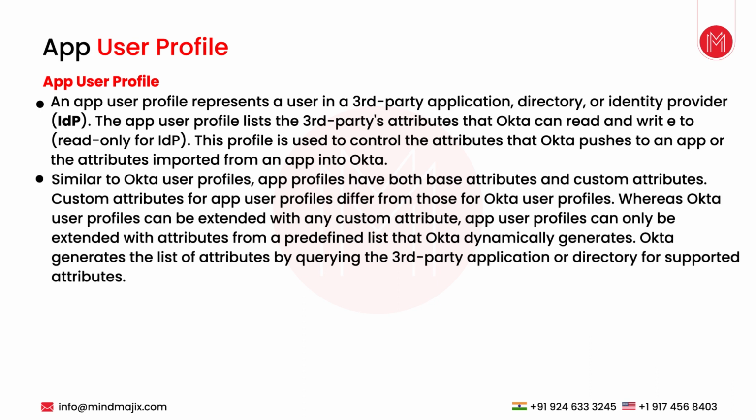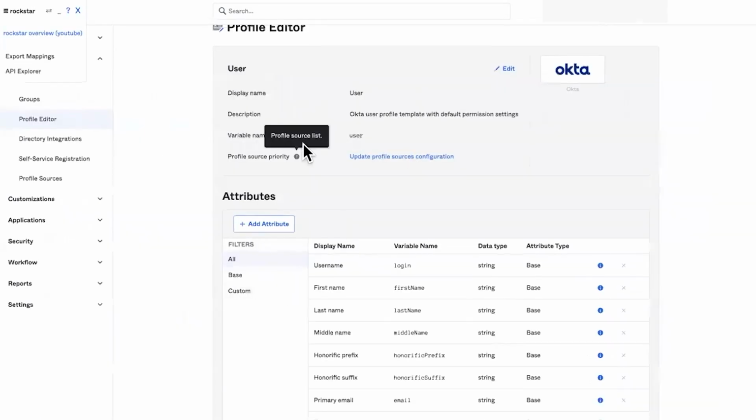Let's say that Salesforce supports only 10 to 15 custom attributes, whereas PagerDuty supports 20 to 25 custom attributes. So Okta has to have an understanding of what custom attributes are supported by the application, and accordingly it allows you to create the custom attributes in Okta for that particular app user profile. That's the basic difference between an Okta user profile and the app user profile.